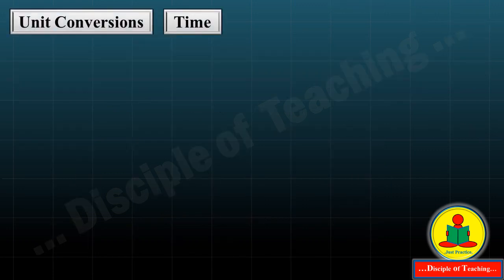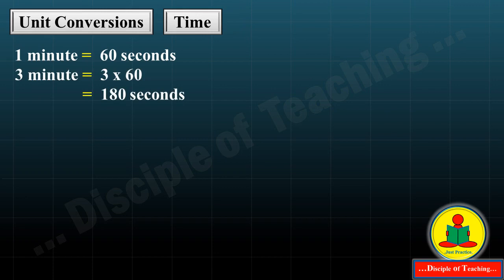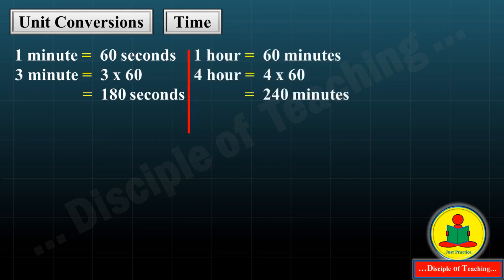Now unit conversions in time. We already know 1 minute is equal to 60 seconds and 3 minutes is 3 into 60 gives 180 seconds. Also 1 hour is equal to 60 minutes and 4 hours is 4 into 60 gives 240 minutes. Now tell me, 4 hours 30 minutes is equal to how many hours?